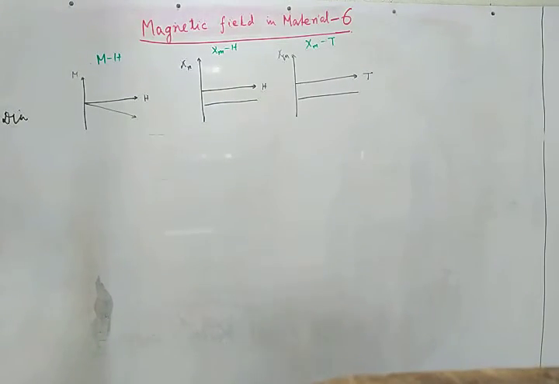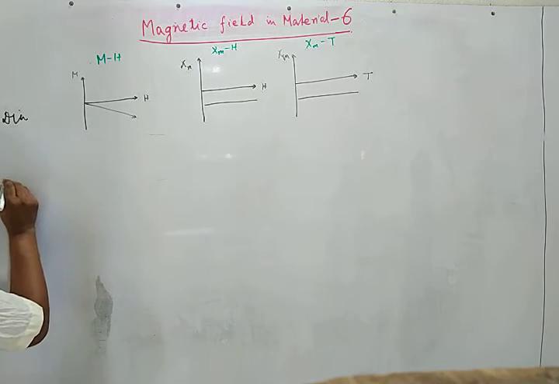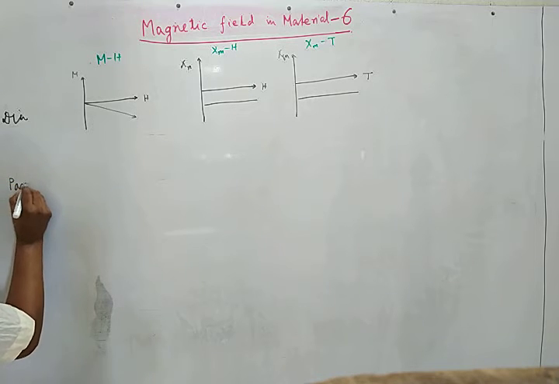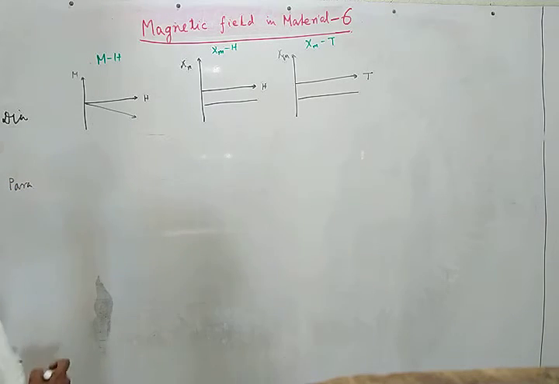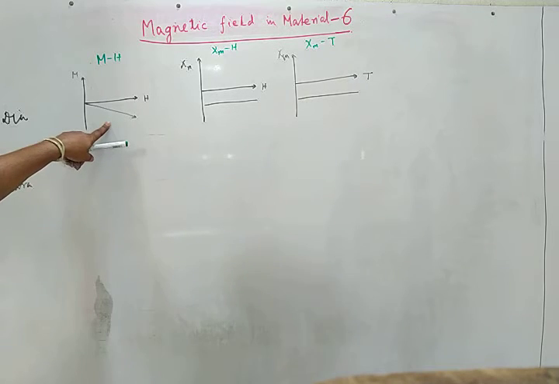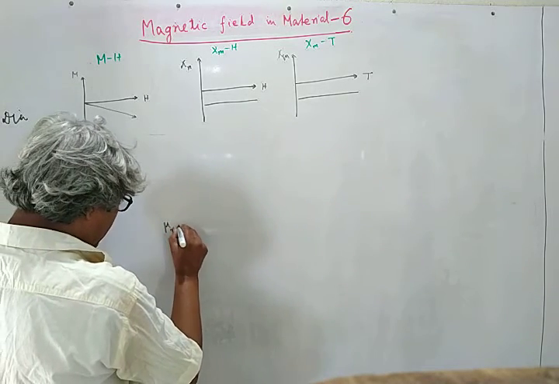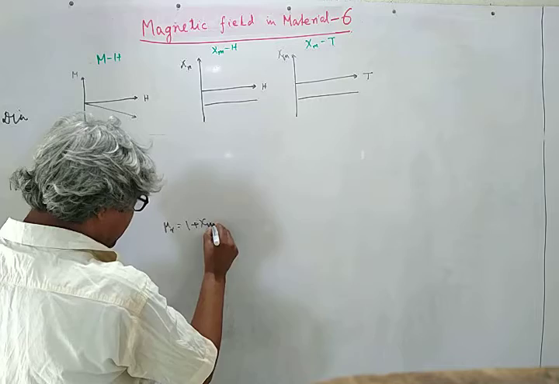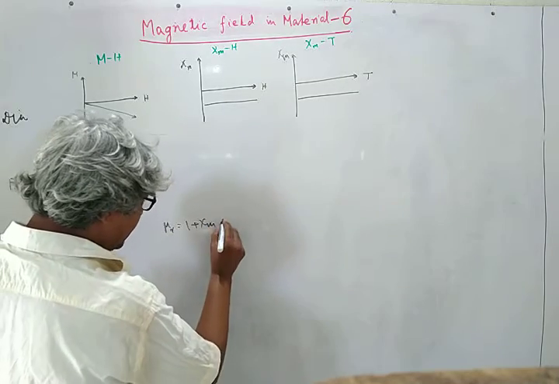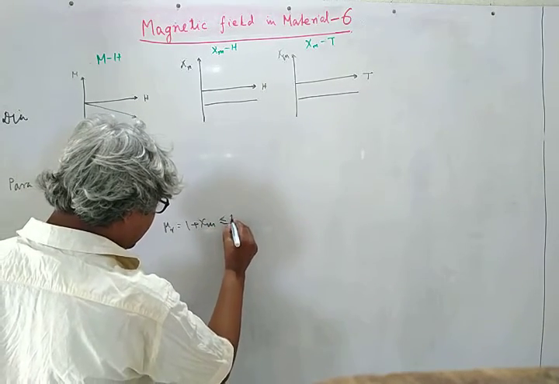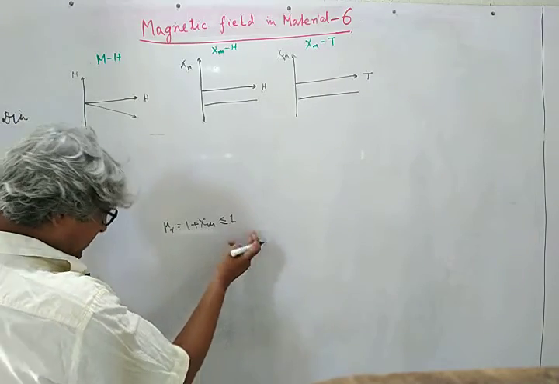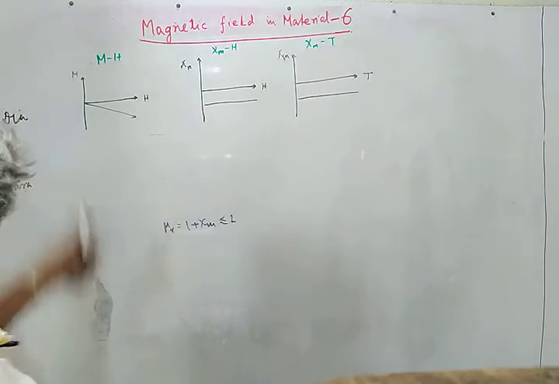So this is the phenomenological fact regarding diamagnetic materials. One thing: for diamagnetic material the susceptibility is negative, so the permeability mu_r is equal to 1 plus chi_m. Since chi_m is slightly negative, mu_r is very nearly equal to 1, slightly less than 1 for diamagnetic.